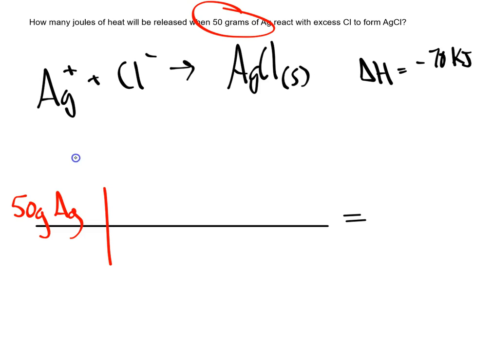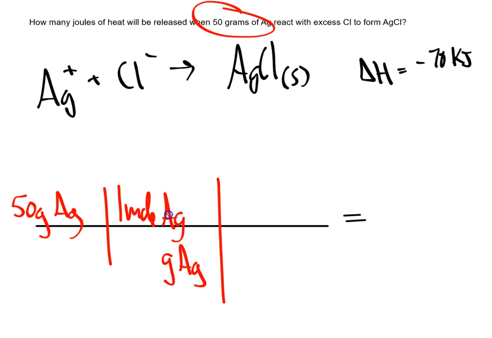Now, we've done this 100 times. What unit must come down here? What about Ag? The grams of Ag. And grams is always tied to what thing? 1 mole of the same thing. Now we just find that on the periodic table, and it's 108.